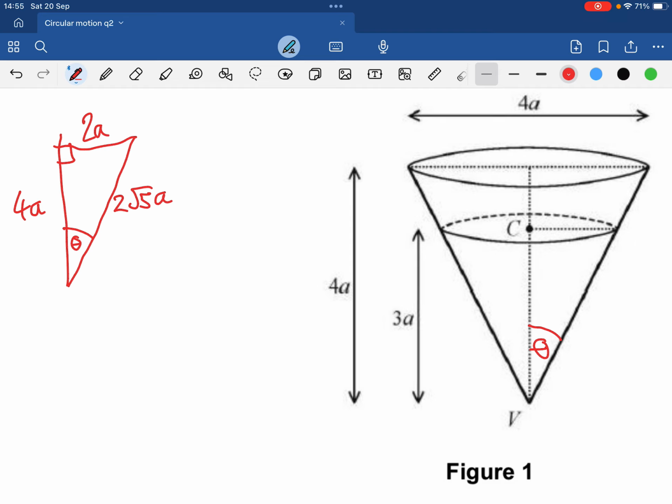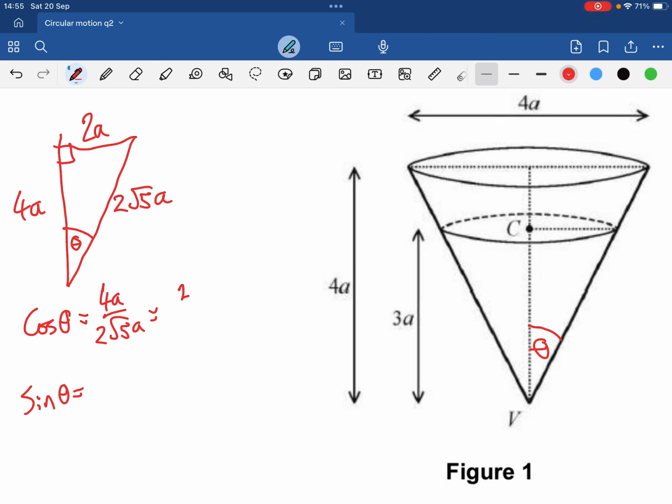If you remember also what we did before, I think it's really helpful at this point to now consider a value for cosine theta and for sine theta, respectively. We know we're going to have to use those later on. So cosine theta is 4a over 2 root 5a. And we'll leave it irrational with a surd on the bottom.